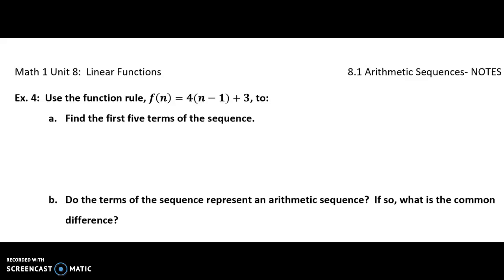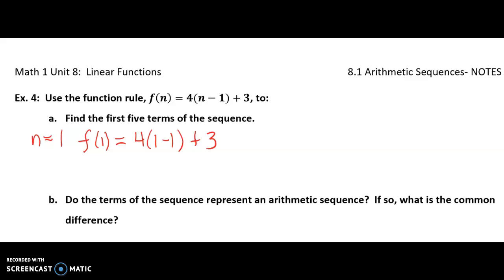So if we want to find the first term, meaning when n equals 1, again, n represents the term number. So we want to find the value of the first term. We are going to plug 1 in for n.